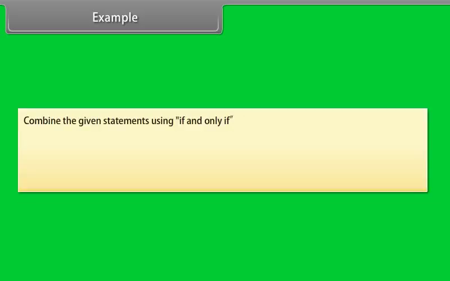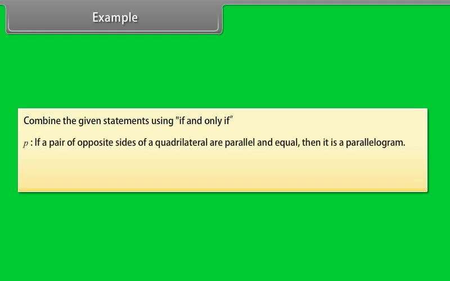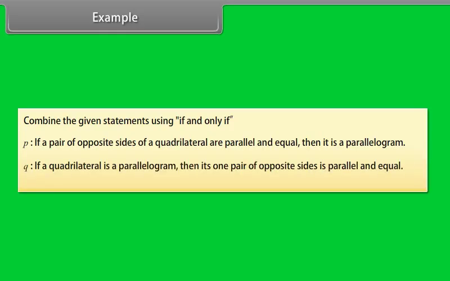Example. Combine the given statements using if and only if.